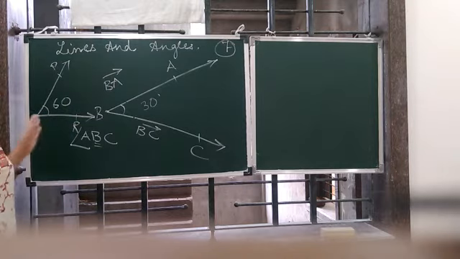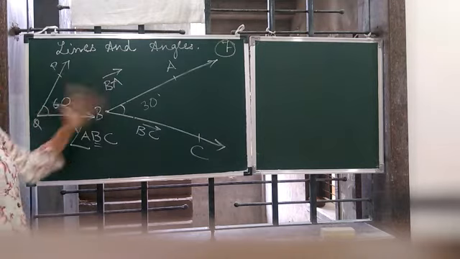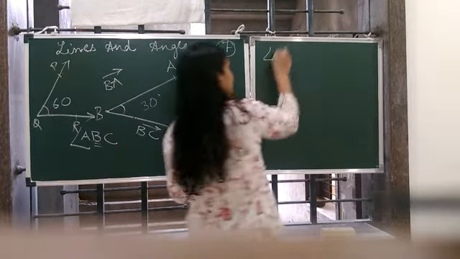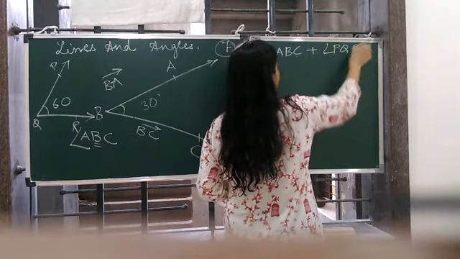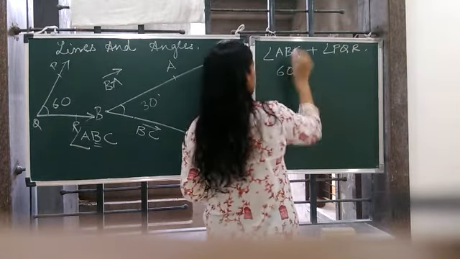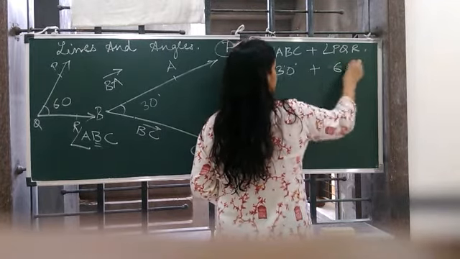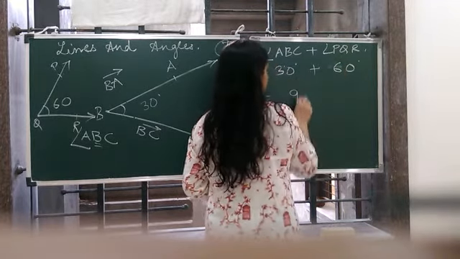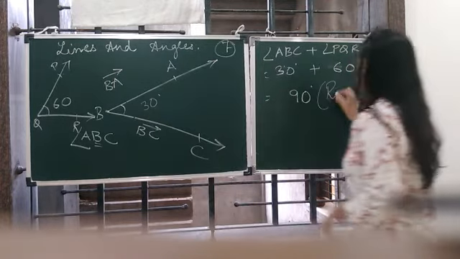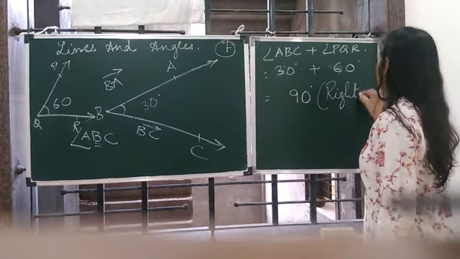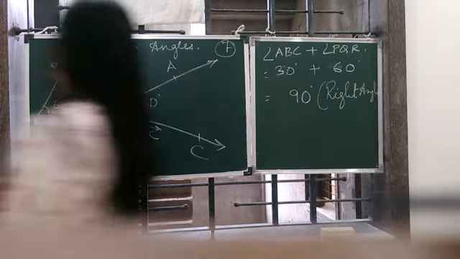So if I sum the two angles, that is angle ABC plus angle PQR, that is 30 degrees plus 60 degrees, that is 90 degrees, that is a right angle, correct?